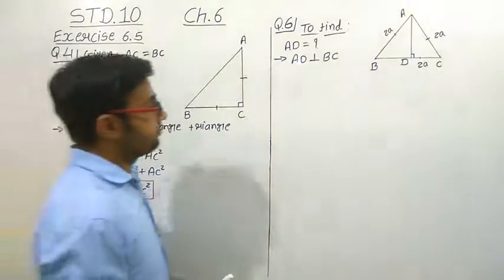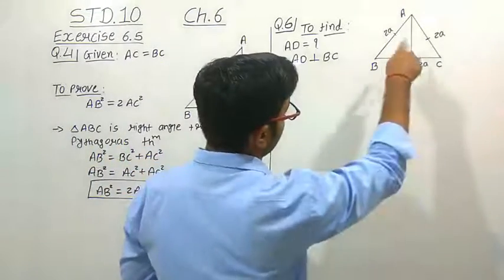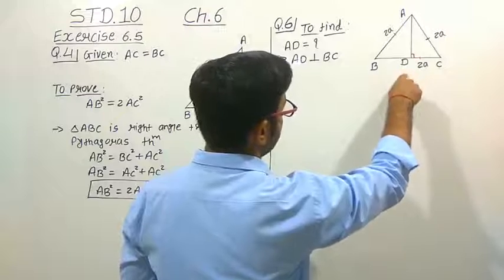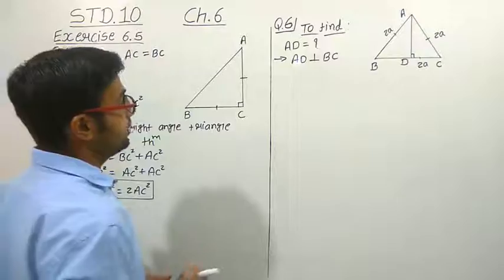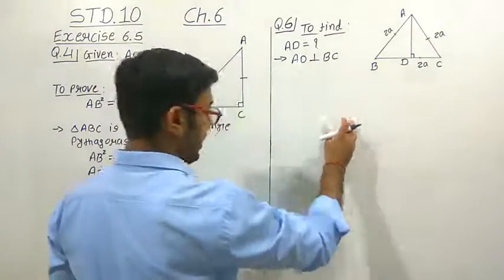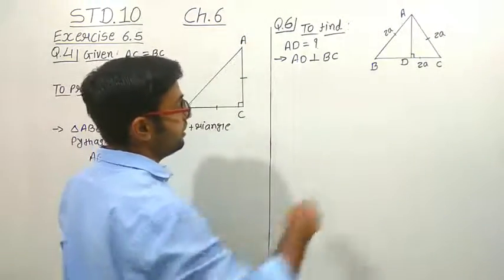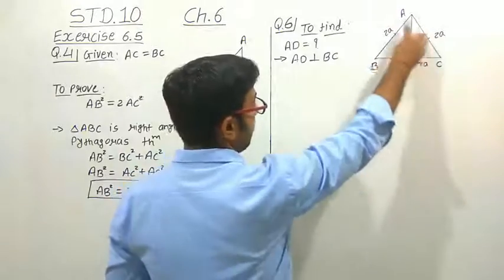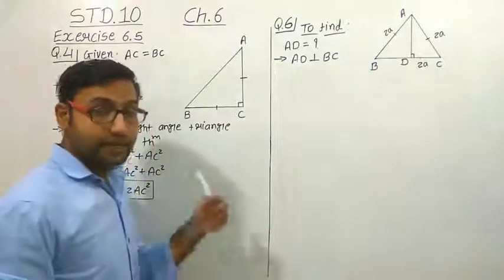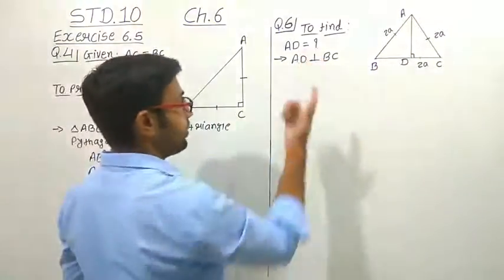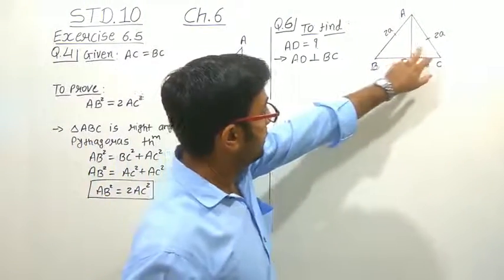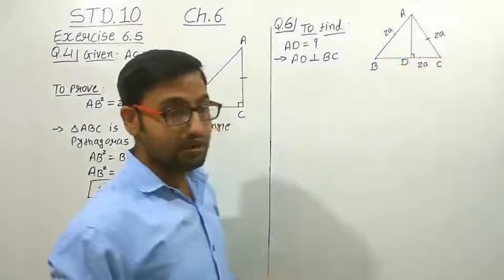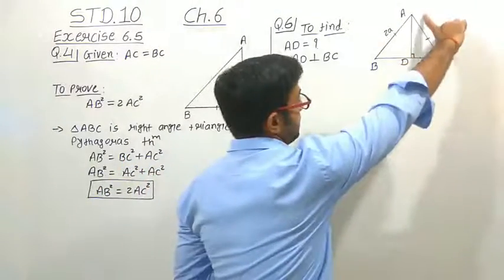So here if we draw the perpendicular, altitude here, we get here the two triangles, right? So actually we can write down the Pythagoras theorem here in triangle ABD or in triangle ACD to find out the AD, right? Because what we have to find out is AD. So we can use the Pythagoras theorem in either of these triangles, but we have one of the side AC, 2A.